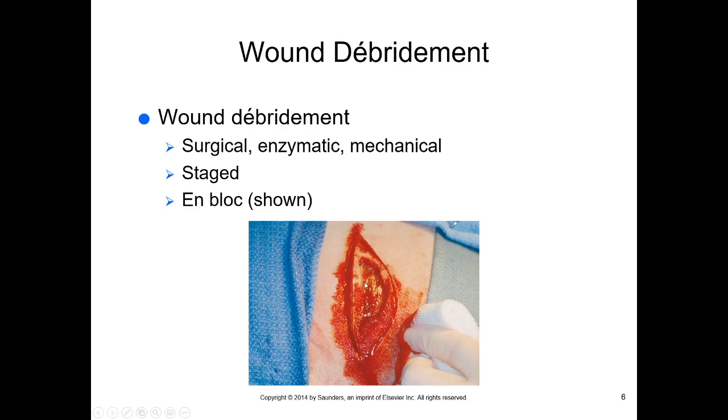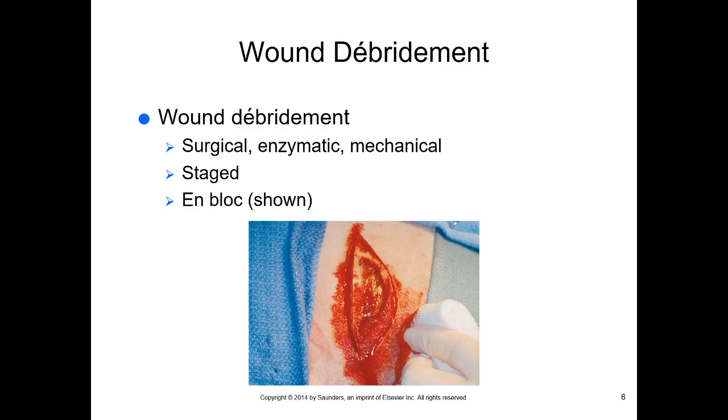Wound debridement is when we remove dead tissue or tissue that's not helping in the process of healing, or infected tissue. It can be surgical, which is shown here. It can be enzymatic, which is using a chemical to break down dead tissue, or it can be mechanical. It's just mechanical means, we're scrubbing the scab and bad stuff away.